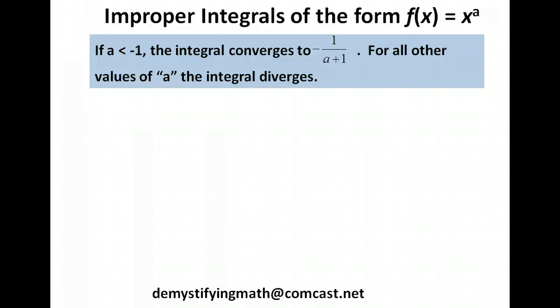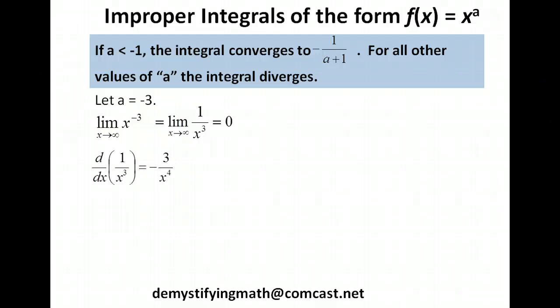Let's try this out. Let's let a equal negative 3. That gives us x to the negative 3, or 1 over x to the third. And that limit is going to 0. So the first part of our requirements is satisfied. The second part, we have to figure out whether it's a decreasing function or not. So let's take our first derivative to do that. So we now have negative 3 over x to the 4th.